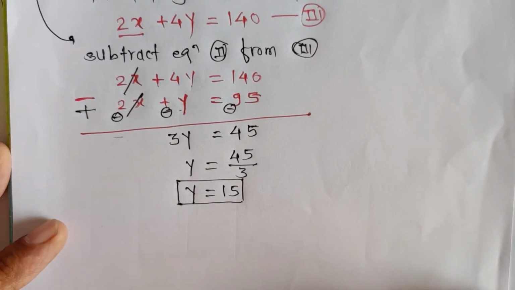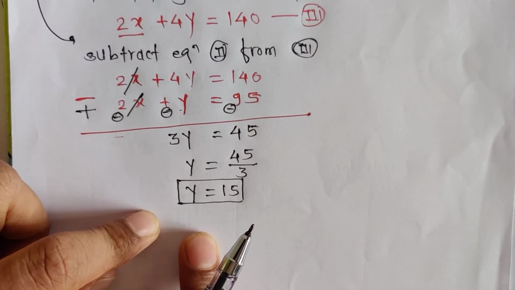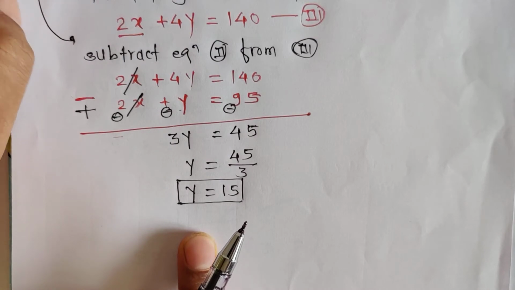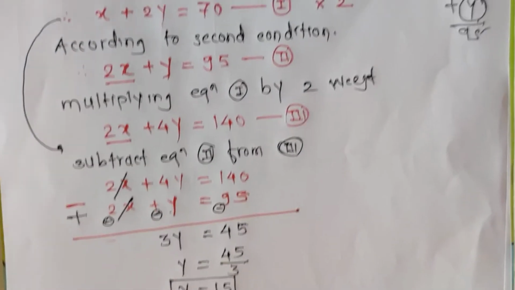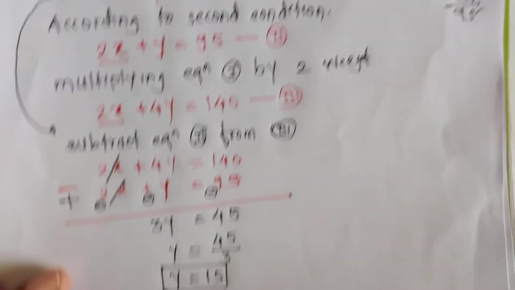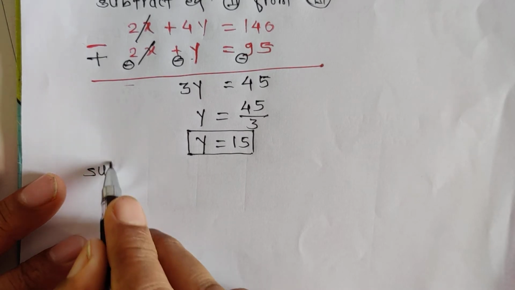Now to get the value of x, substitute this value of y in equation 1 because it is the easiest equation. Equation 1, look. This is equation 1. X plus 2y is equal to 70. Now substitute this value of y in equation 1.